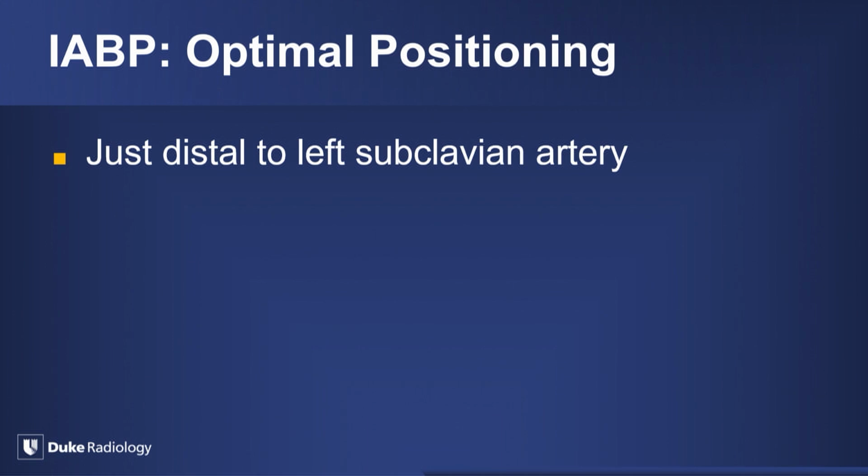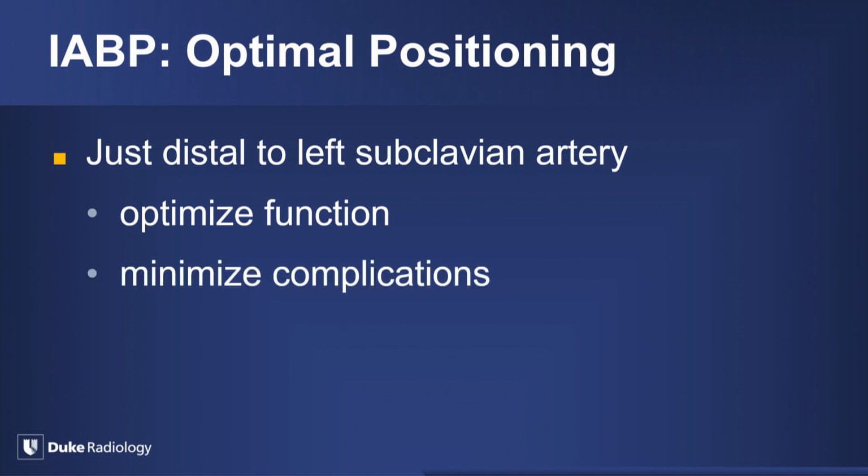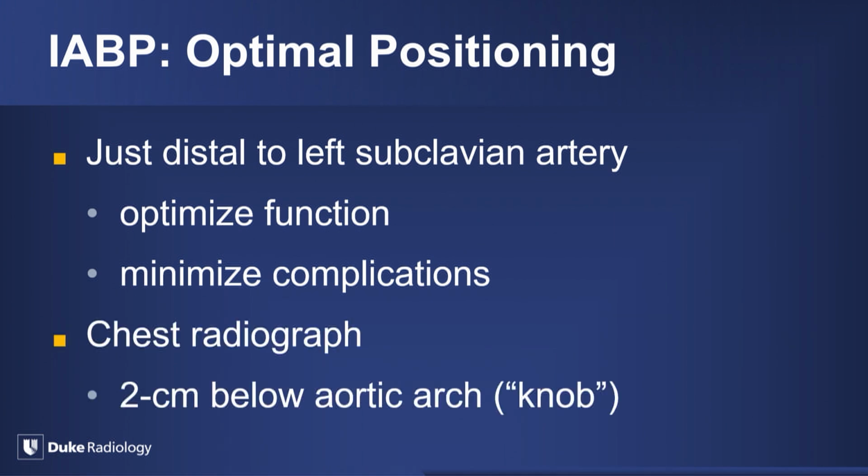In terms of optimal positioning, they're typically placed just distal to the takeoff of the left subclavian artery because this optimizes function and minimizes complications, both to the aortic arch vessels and to splanchnic vessels and renal arteries. On a chest radiograph, this typically translates to somewhere between 1 and 2 centimeters below the aortic arch or knob.